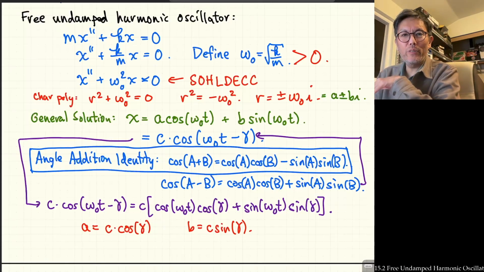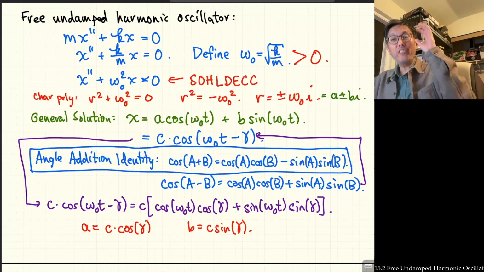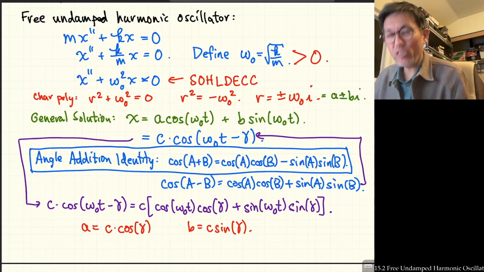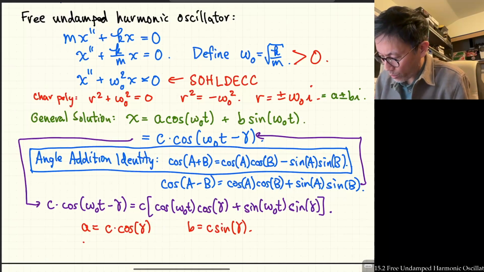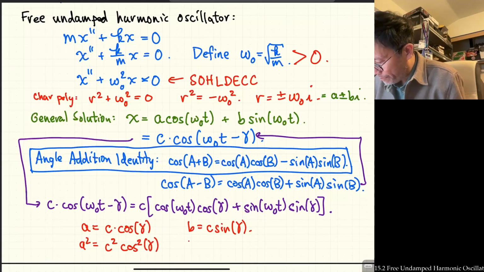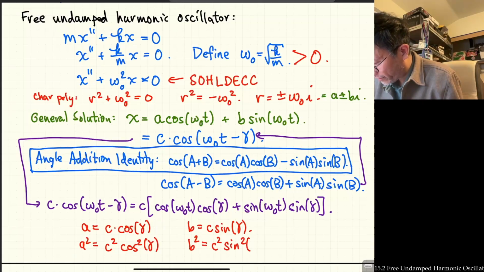Well, I've got to get rid of the cosine gamma and the sine gamma in the equation. So how does one do that? Let's use the Pythagorean identity. I can square both A and B. A squared is C squared cosine squared gamma, and B squared is C squared sine squared gamma.